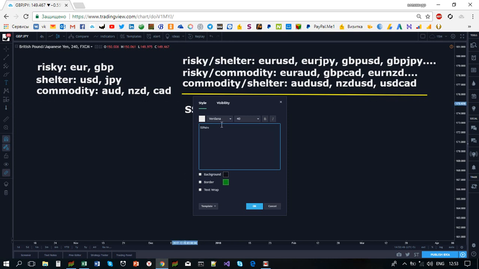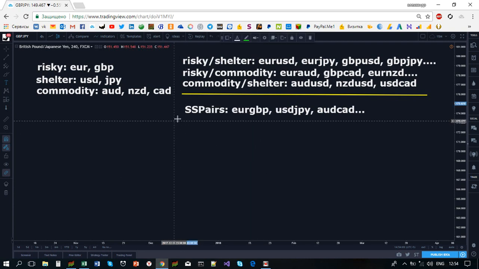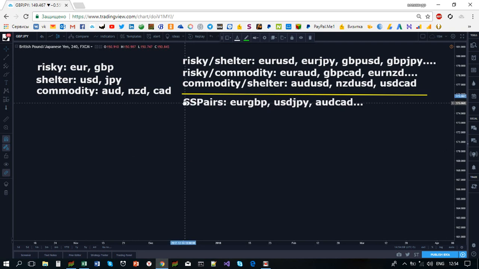Pairs from the same sector. The pairs are Euro GBP, USD JPY, because they both belong to shelter, AUD Canadian, and so on and so forth. Okay, hope you understood the main idea. So I have 4 classes of pairs based on 3 sectors of currencies.